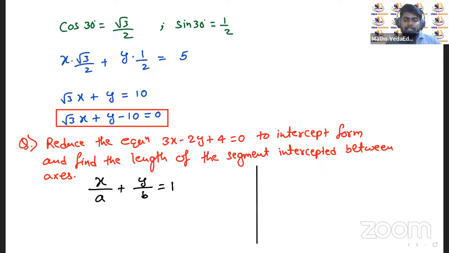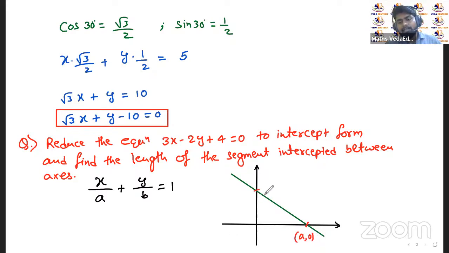They are the x-intercept and y-intercept. If we have a line like this, the intercepts are the points (a, 0) and (0, b). Then we can write the equation of this line as x upon a plus y upon b equal to 1.